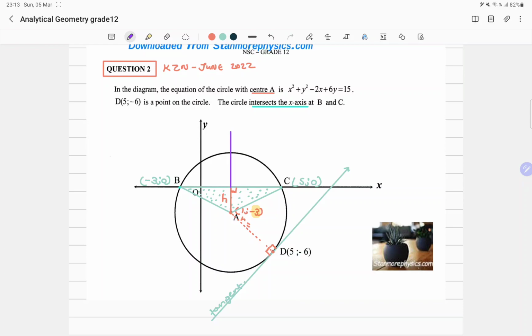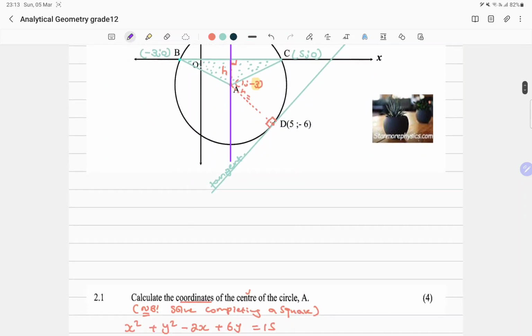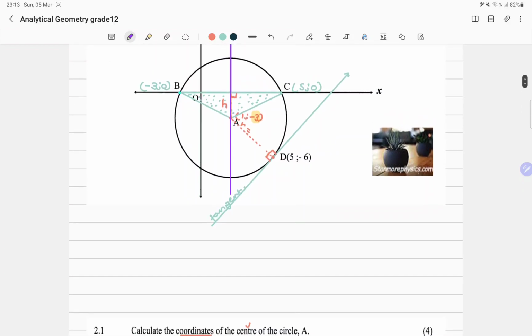If we're to extend this line all right through, okay, maybe I need a bit more working space here.